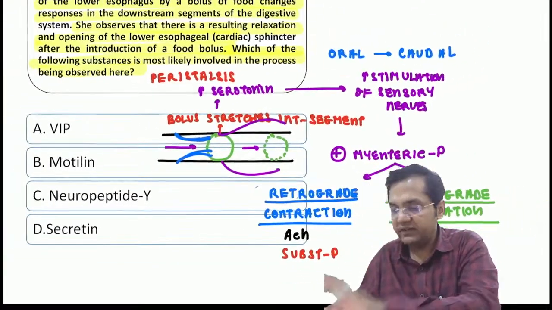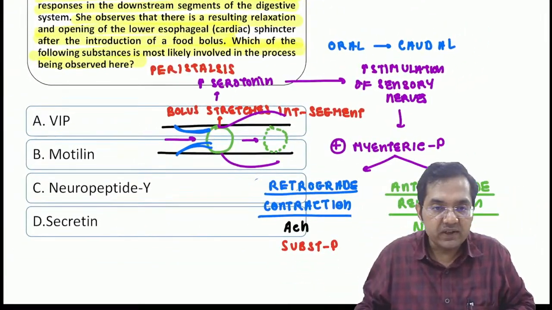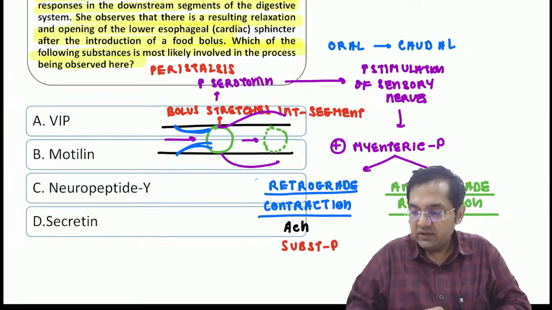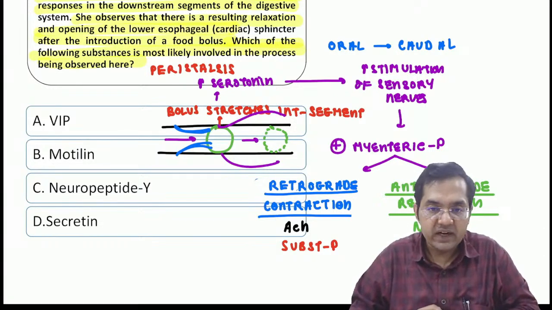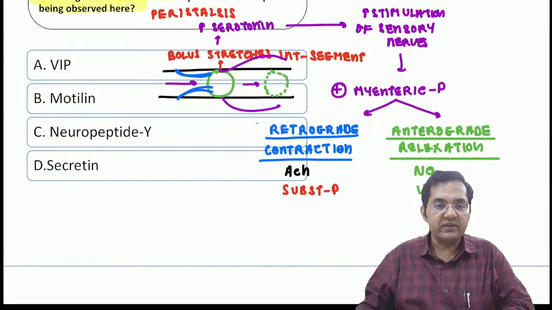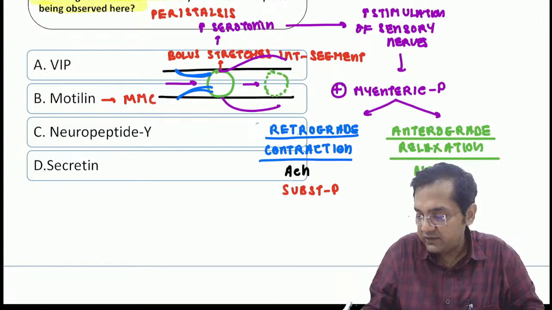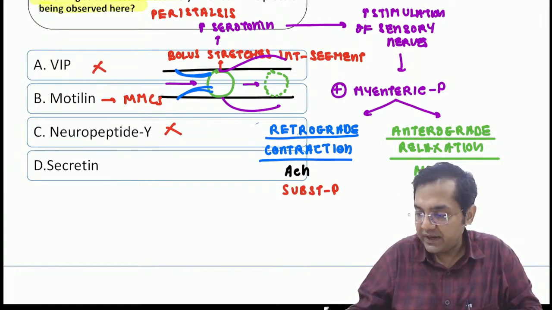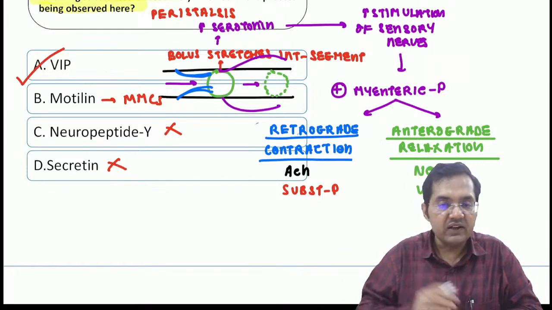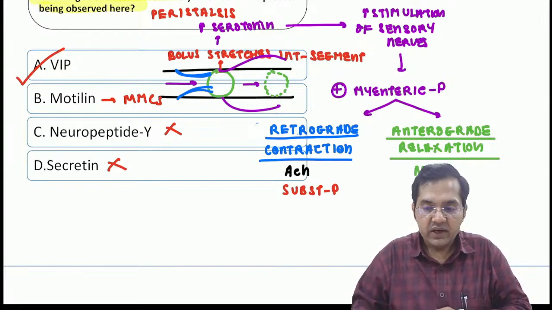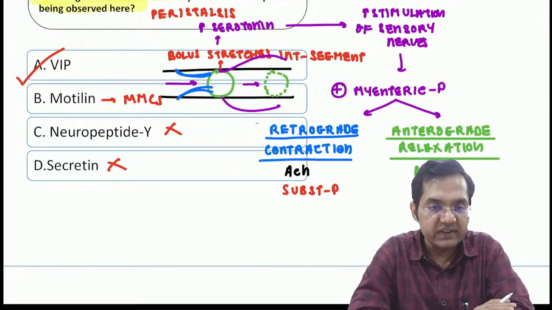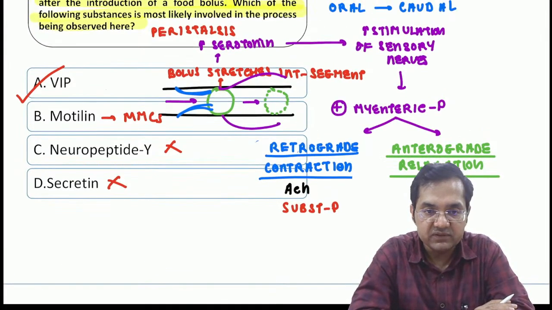Which neurotransmitter is responsible for the relaxation? That means anterograde relaxation. What should the answer be? Motility is wrong. Motility is MMCs. Neuropeptide Y and secretin have no role. So the answer is none other than VIP, right? I will not say it is difficult, but you have to know the exact mechanism of peristalsis, which I have just told you.